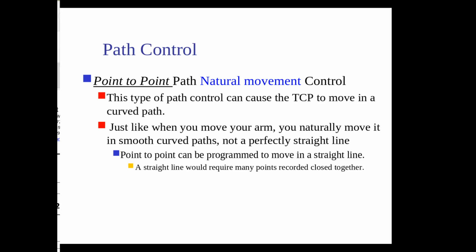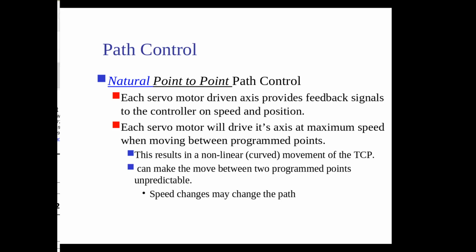Okay. Now this natural movement is easier for the robot to make, and it's easier program-wise in the software to get the movement smooth. This is a more advanced controller, so each servo has to provide feedback to the controller on its speed and position.